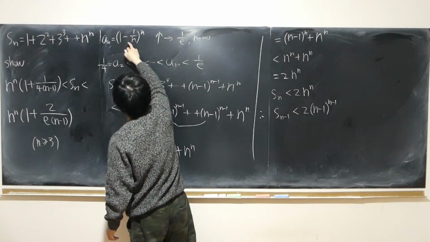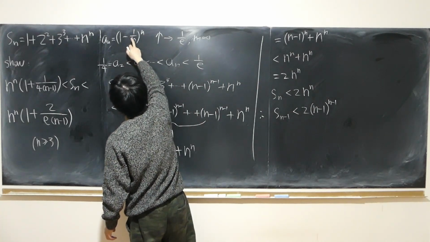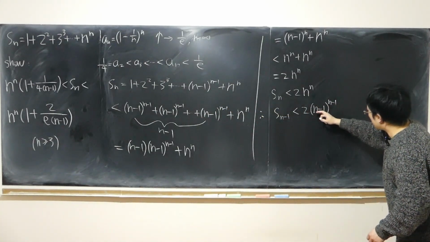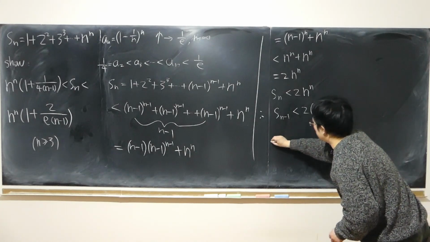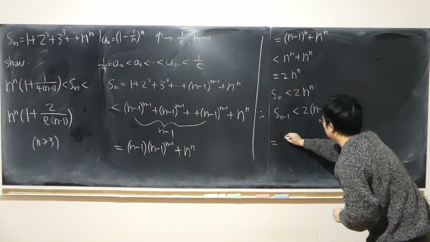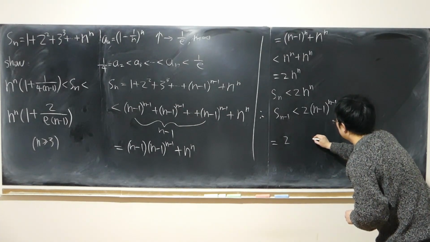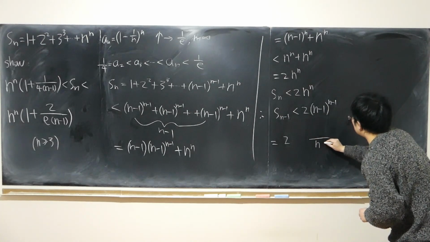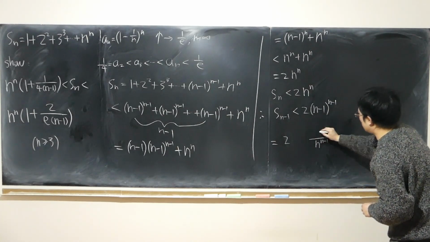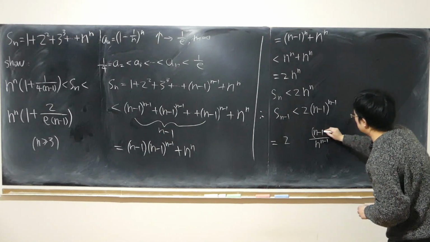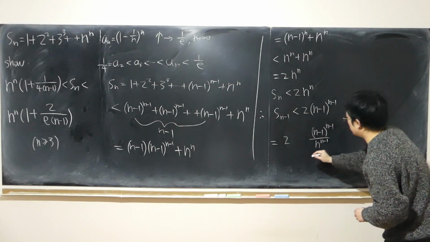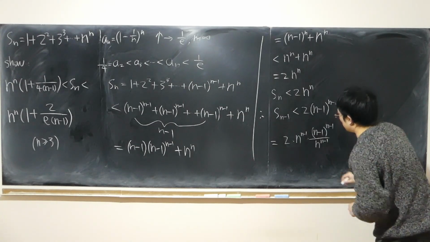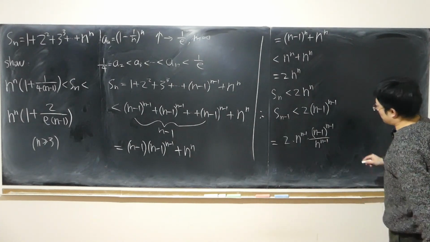to this sequence, right? Looks like I have to divide everything by n, because n now is on the bottom. Perhaps I have to divide by n to the power of n minus 1, right? Copy down this. Of course, I have to multiply by n to the power of n minus 1, same thing.